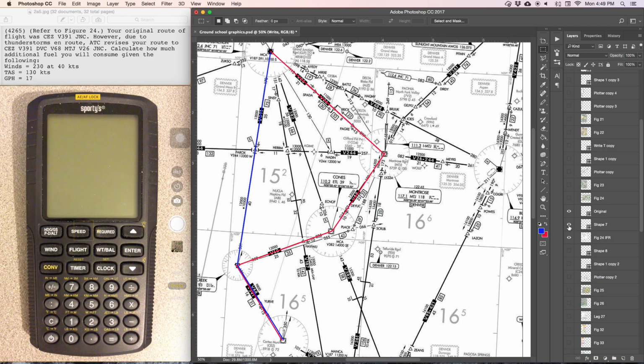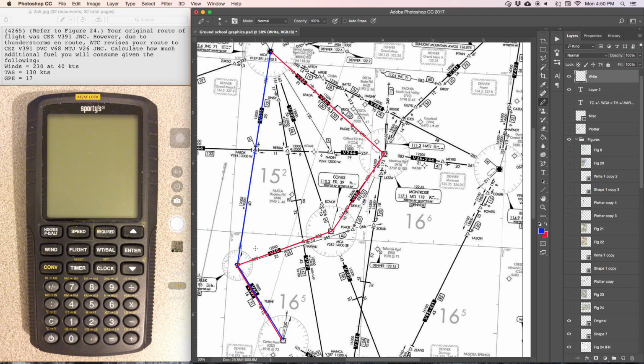So the first quick, easy win we can get out of this one is we can basically ignore these first two legs for both routes. Because they're the same, it's going to come out in the end as a wash. So we can ignore this leg here.